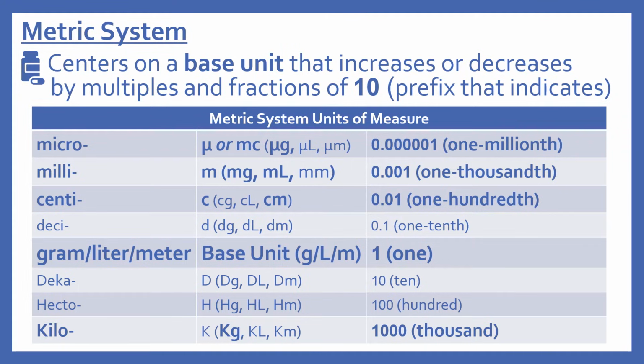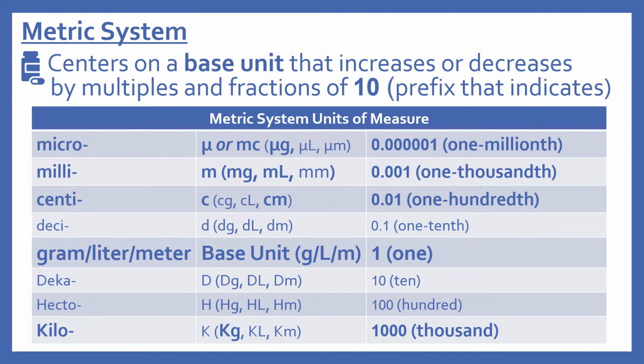And then if we come back to the base unit, and then going the other way, first we have decagram. So 10 grams would equal 1 decagram. Hectogram, 100 grams would equal 1 hectogram. And kilogram, 1,000 grams would equal 1 kilogram. And I've put in bold here the ones that are the most commonly seen in pharmacy.